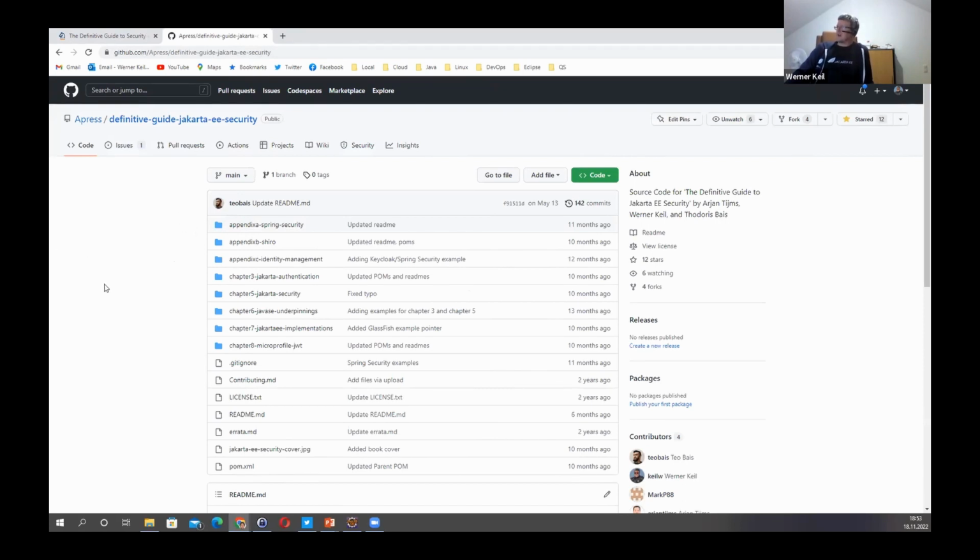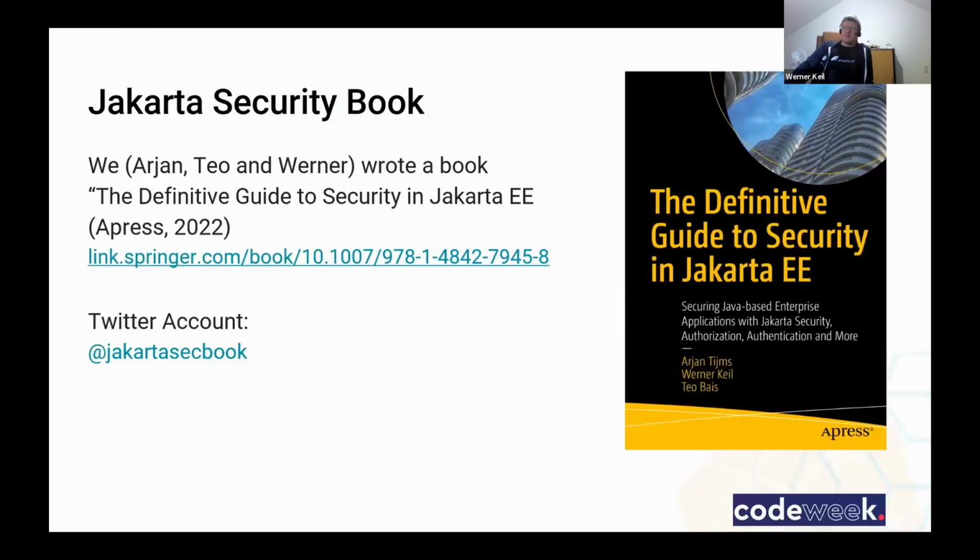There are also examples for other chapters, but since they don't relate to the Jakarta security specs, I don't have time to cover them here, but we also covered other related frameworks like Spring Security, Shiro, or Keycloak. So feel free to check out the examples besides some of the other examples that Ivar provided.